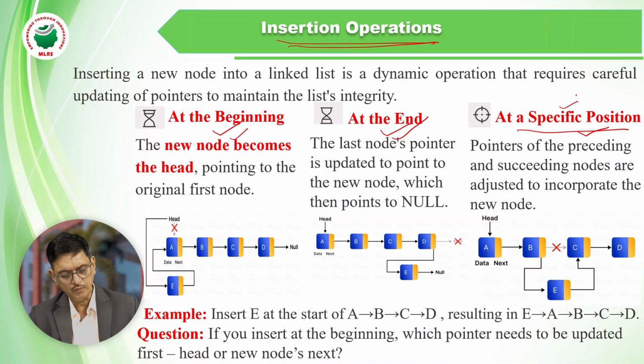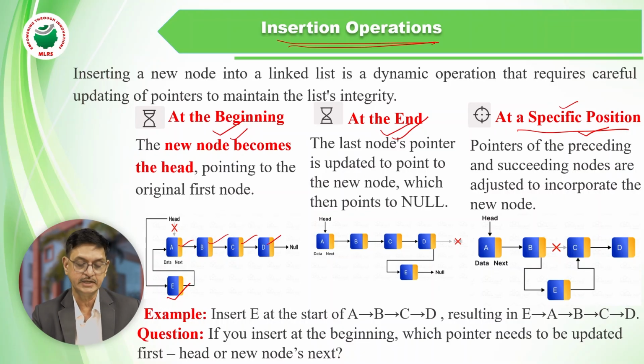Whenever we insert a new node at the beginning, we simply need to create a new node. We already have a fixed set of nodes. For example, A, B, C, D are already available nodes in the linked list.